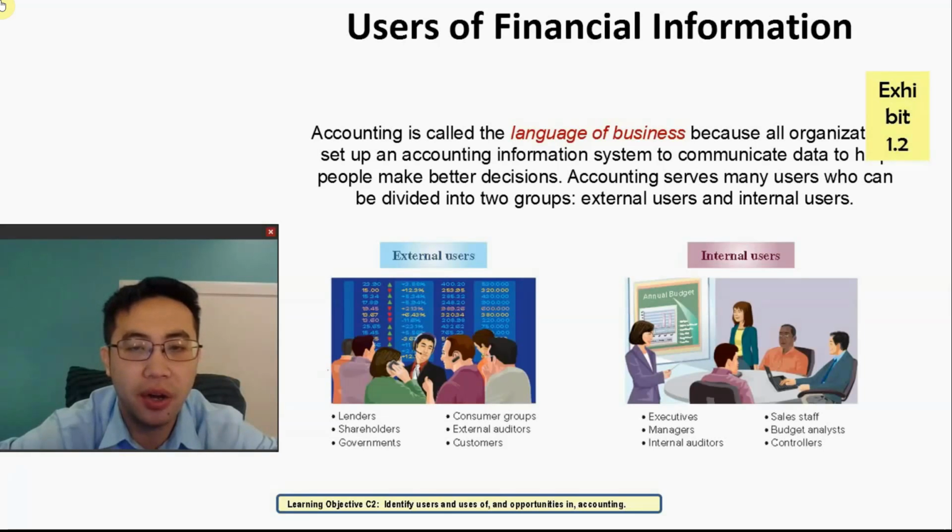The thing is, the internal auditors are hired by the company, and external auditors are independent companies like Ernst and Young, PwC, and Deloitte. These are the important external auditors on Wall Street. And you also have customers who would also take a look at a company's accounting.